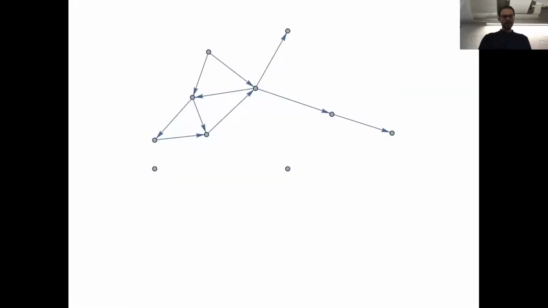So this is just an example. This is a simple graph, and in this case, the largest strongly connected component consists of 4 nodes. This number is important: the fraction of nodes that belong to the largest strongly connected component.